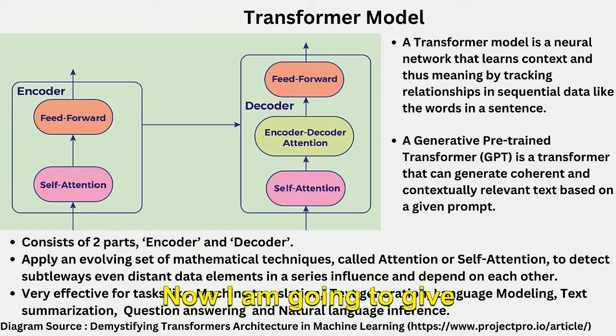Now I am going to give some preliminary ideas on two important generative models which are the foundations of generative AI. These are the Transformer Model and the Generative Adversarial Network, GAN. A transformer model is a neural network that learns context, and thus meaning, by tracking relationships in sequential data like words in a sentence.